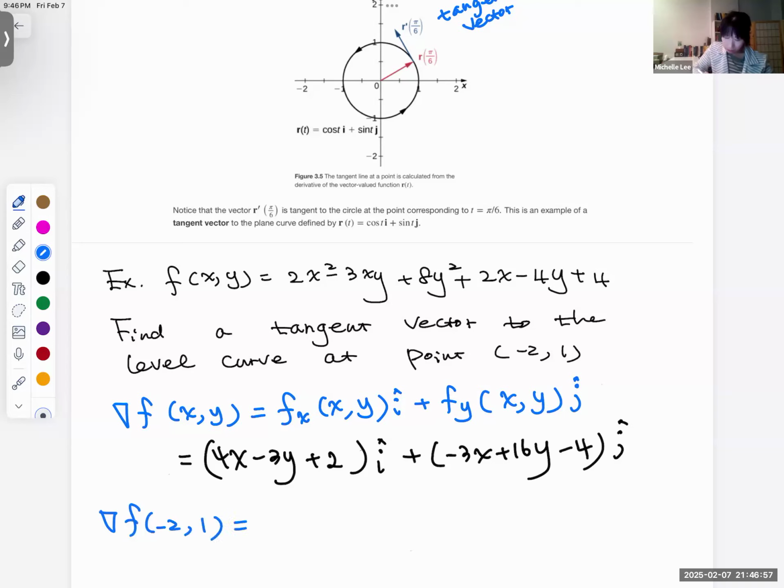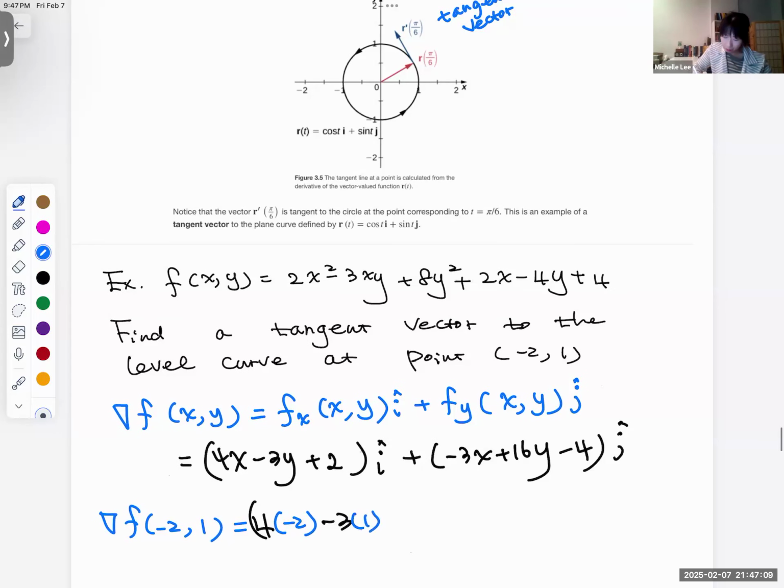So that would be 4 times negative 2, minus 3y, which is positive 1, plus 2, i hat, plus negative 3 times negative 2 plus 16 times 1 minus 4, j hat.